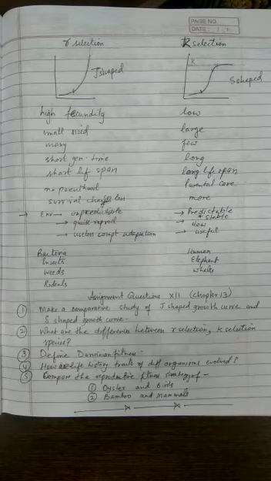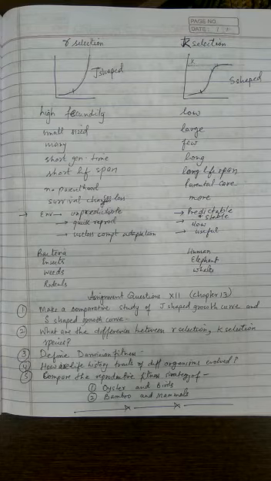Then the lifespan of r selection organisms is short. The lifespan of K selection organisms is long, and there is no parental care in the case of r selection organisms. We all know about insects as well as weeds. But when we talk about K selection organisms, parental care is an important aspect of reproduction.